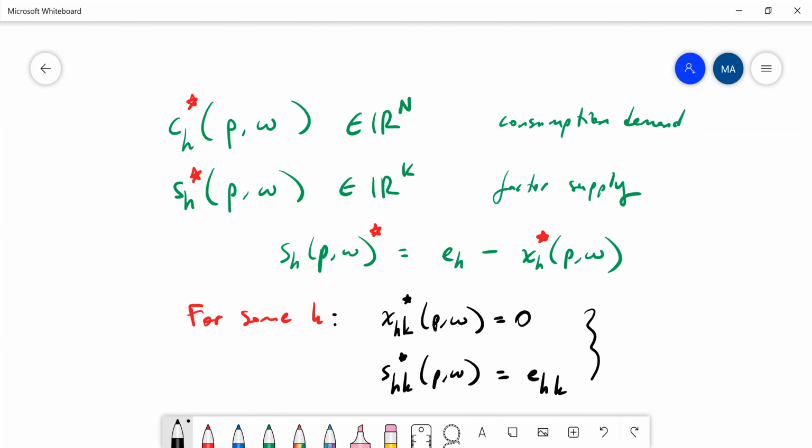In such a case, we call this inelastic supply. It is inelastic because it doesn't respond to prices. Supply is just equal to total endowment. So when does this occur? When the resource is not preferred to be used by the consumer himself or herself.